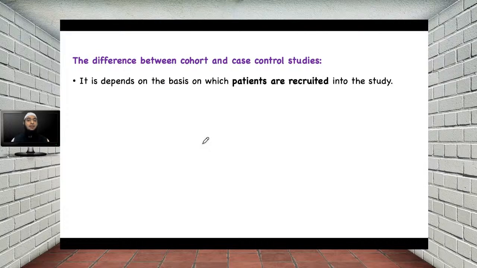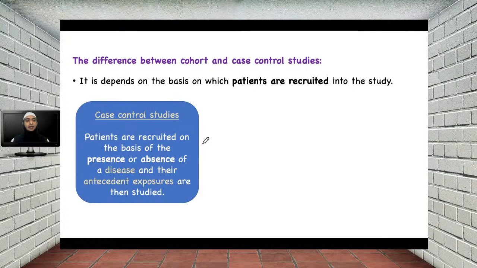First is the case control study. Basically the difference depends on the basis on which patients are recruited into the study. In a case control study, patients are recruited on the basis of presence or absence of the disease. Those patients who suffer from venous thromboembolism due to oral contraceptive, you are recruiting all those patients.